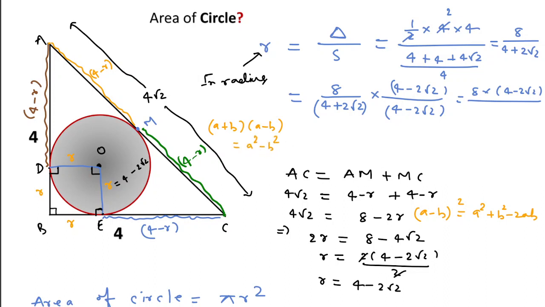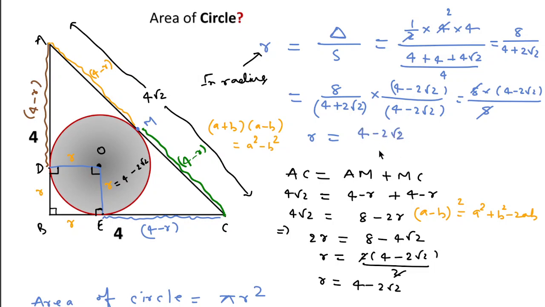So I will use this formula. Here a plus b, a minus b, so this will be 4 square which is 16, minus 2 root 2 square, which will be 4 times 2, that is 8. So 16 minus 8 will also be 8. So 8 gets cancelled, and we can write radius equal to 4 minus 2 root 2.